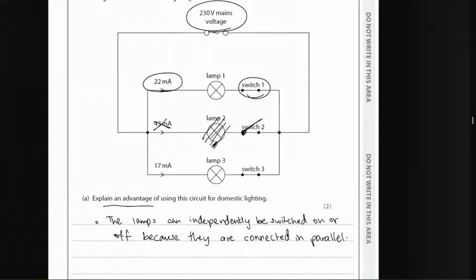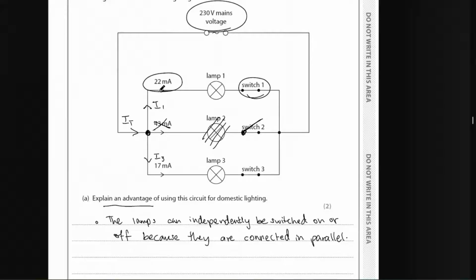So we know that the current in a parallel circuit splits when the wire is split. At this junction, let's say the current comes from the mains voltage, and just before it enters the junction, it has the overall current IT, and then it splits into 2 different paths, one towards lamp 1 and the other towards lamp 3. Let's name them I1 and I3.